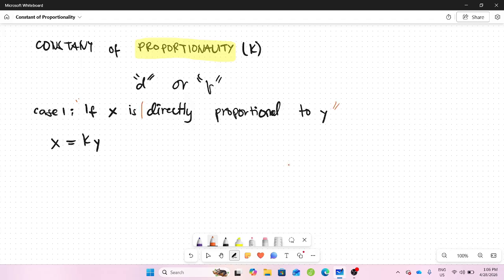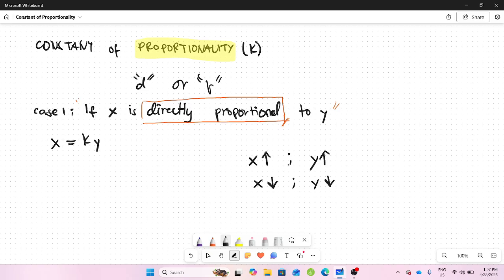It means that if x increases, we would expect that y should increase. If x decreases, we would also notice that y decreases.